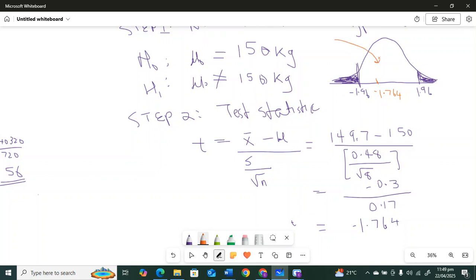So it falls in there: fail to reject the null hypothesis. Meaning we are accepting this null hypothesis that the average weight is 150 kg. Any questions?